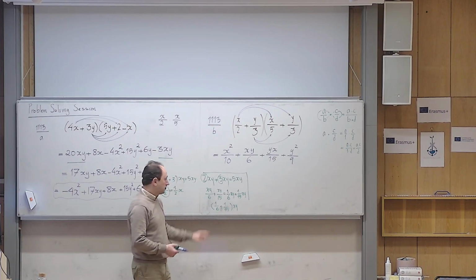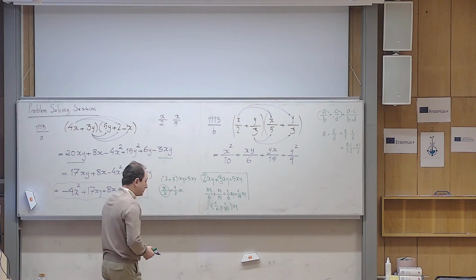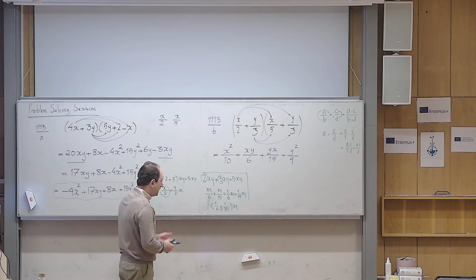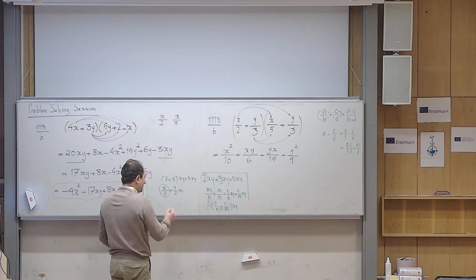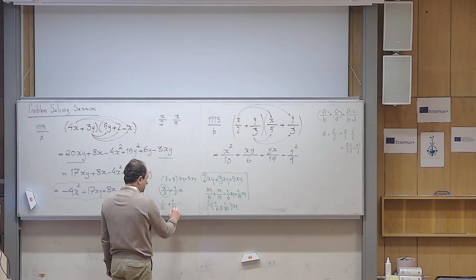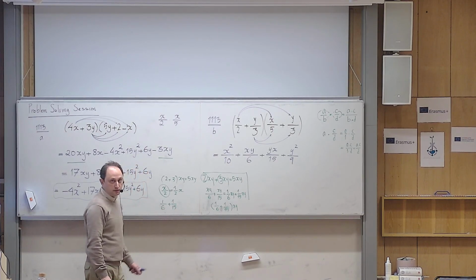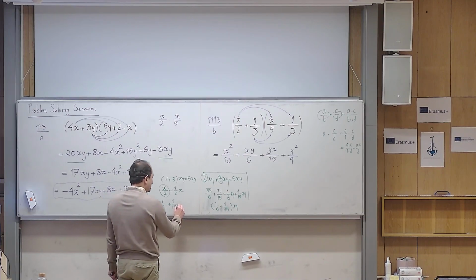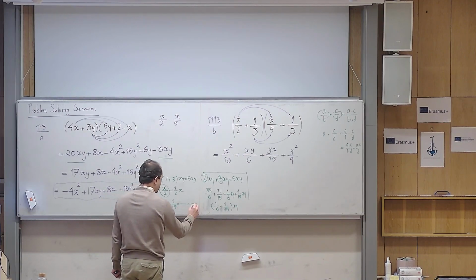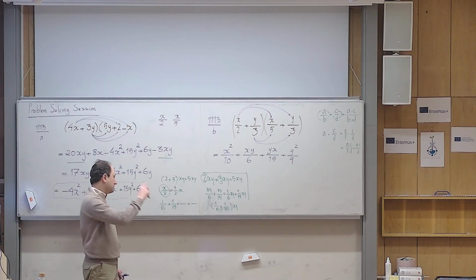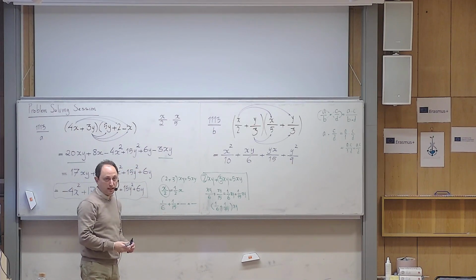Now, what you said about the LCD is relevant here. Again, I want to calculate 1 over 6 plus 1 over 15. Then I need to find the common denominator. Can you tell me the smallest number that is divisible by these two numbers simultaneously?